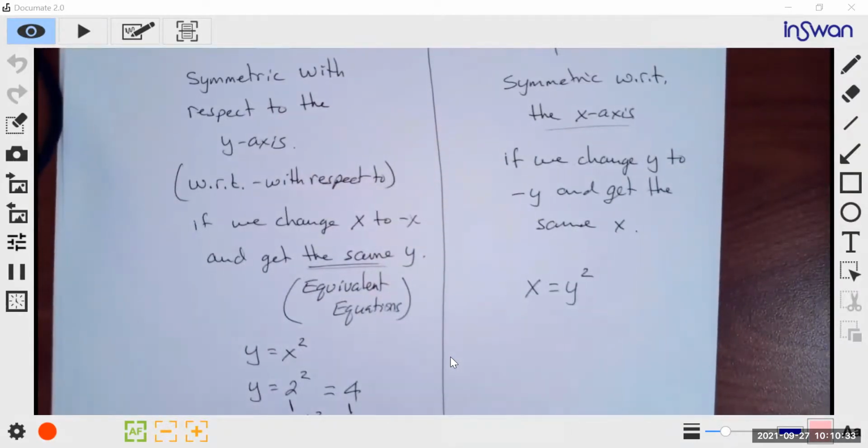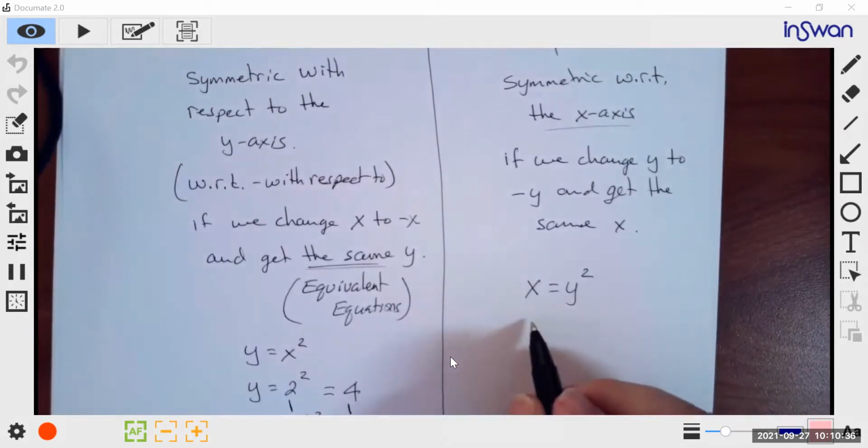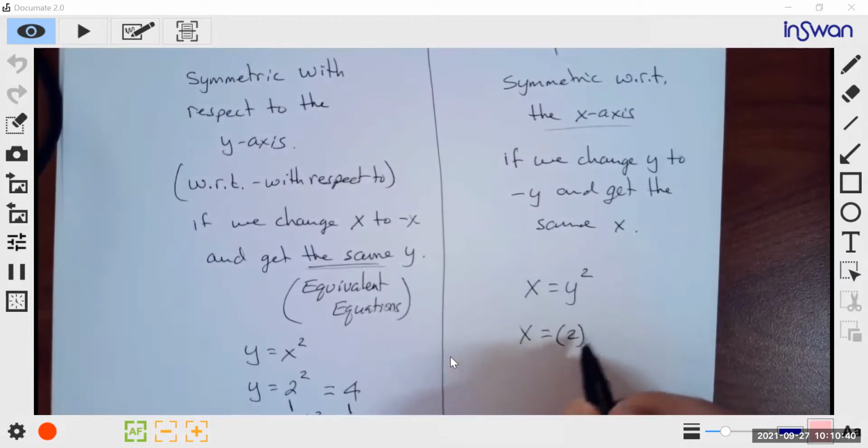X equals y squared. So x equals, if I put 2 inside there, 2 squared is 4. And if I put negative 2 inside there, I also get 4.